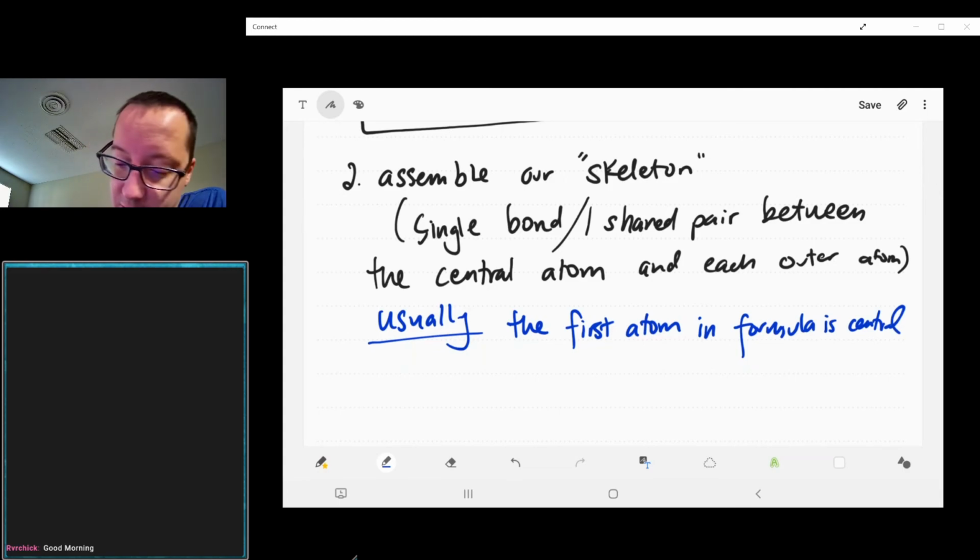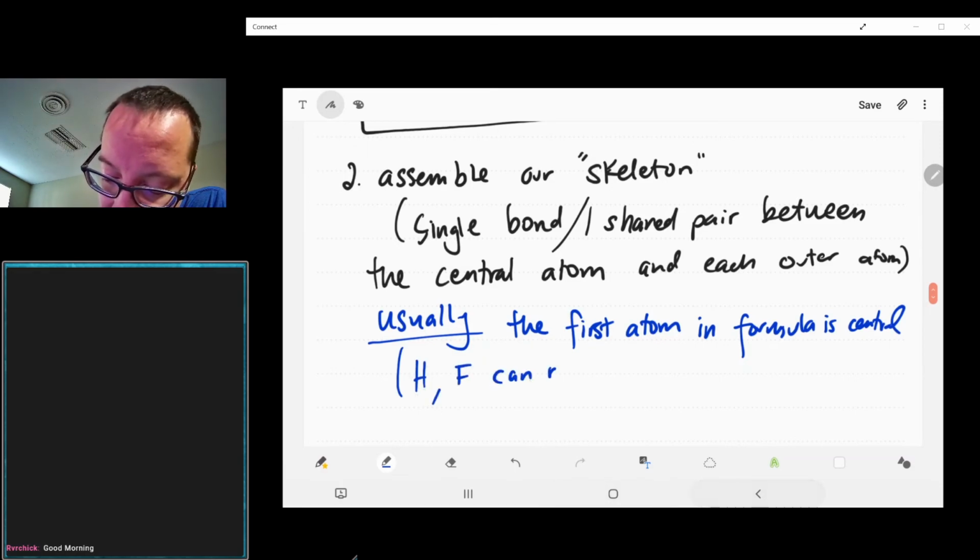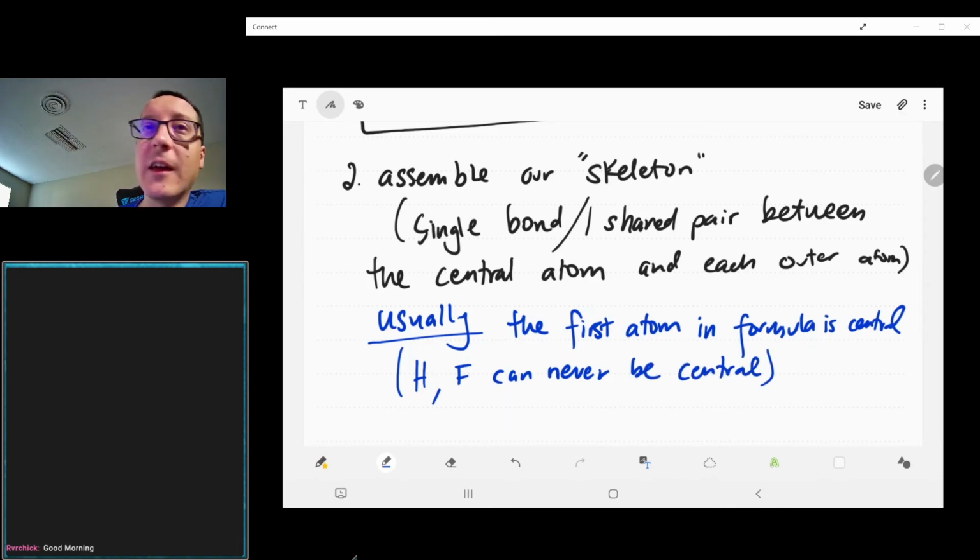Just a couple of notes. Hydrogen and fluorine can never be the central atom. We're going to see why in a little bit. But hydrogen and fluorine can never be in the center of your structure.